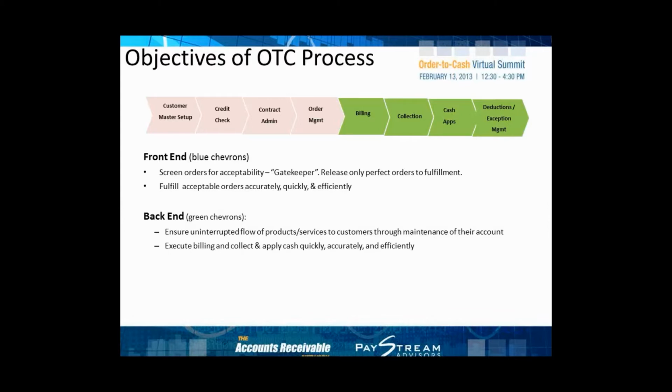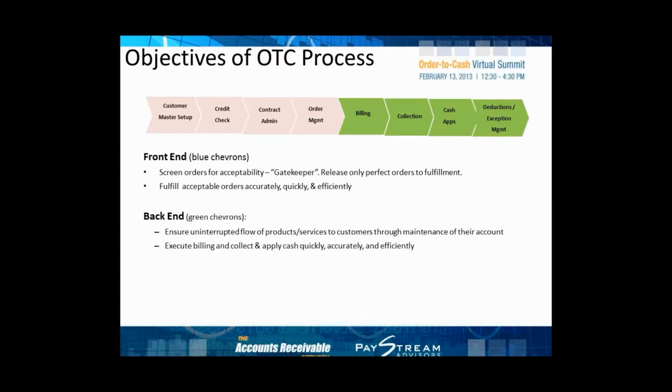The only orders you want to flow to your company's fulfillment operation, whether that be manufacturing, distribution, or professional services, are what we would call perfect orders. What are perfect orders? Well, they're priced right. They're for a product or service you can deliver. And I laugh when I say that because I have worked for and consulted to companies where that's not the case. And clearly that raises havoc with the order to cash process.